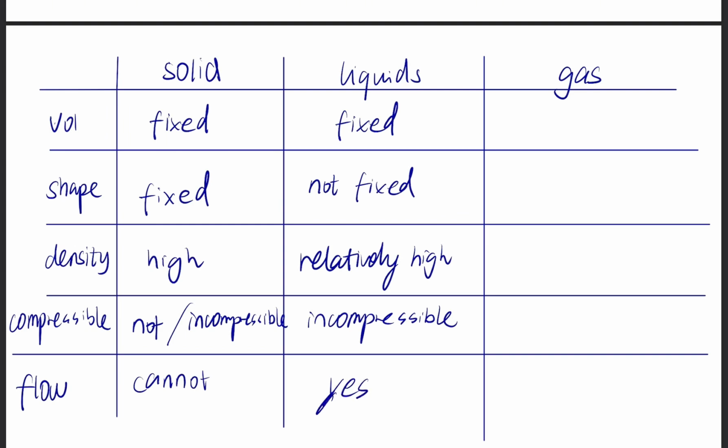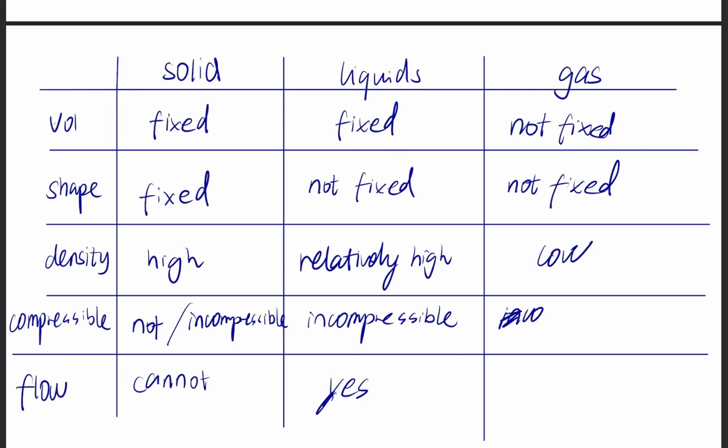Now, gas. Volume is not fixed. It will essentially occupy the volume of the container, however big it is. The shape, because volume is not fixed, is also very hard to fix. Density, very, very low. And then compressible, yes, you can compress air, right?